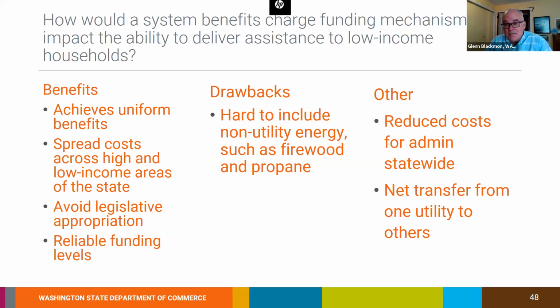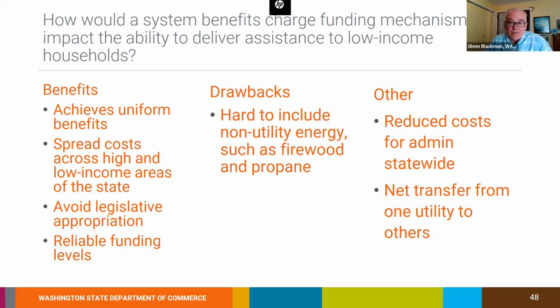But I think with any of these statewide funding mechanisms, it seems like you don't get very far without the help of the utilities, because the utilities better than anybody else know how much people are spending on their energy services, at least the energy services that they provide. So there are limits on that. They don't necessarily know, without help from others, who should be receiving the benefits.